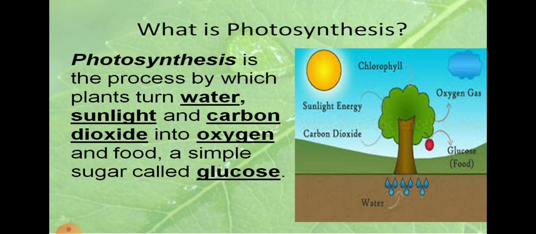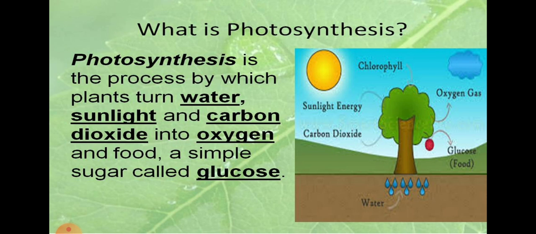Means the green plants make their food from simple inorganic substances like carbon dioxide and water in the presence of sunlight. Plants use the energy in sunlight to prepare food in the presence of green coloring matter called chlorophyll that is present in the leaves of green plants.